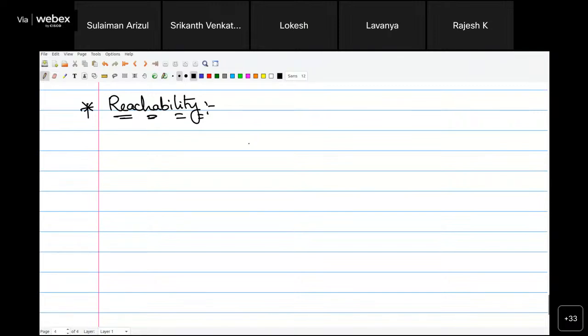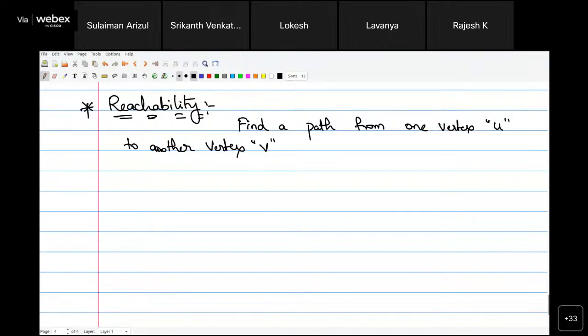So let me write it down. Reachability refers to finding a path from one vertex u to another vertex v. So let me rephrase this.